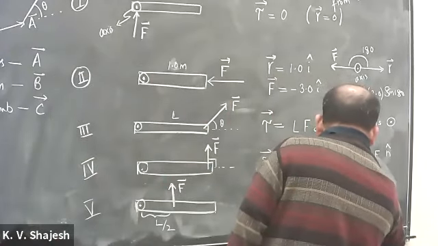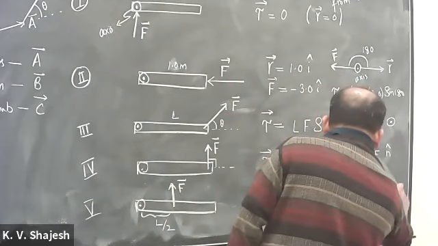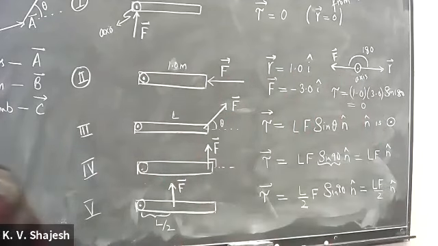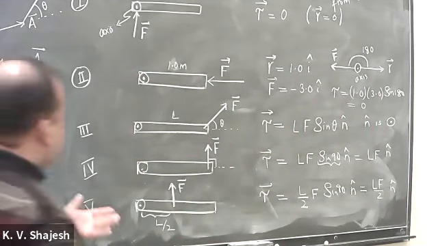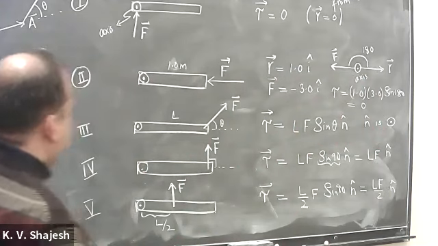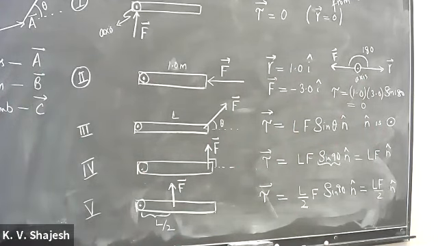So that's LF over 2 times n hat. So that should give you a sufficient idea of the definition of torque. So radius, how far you are from the axis, does help your motion when you're exerting a force F.